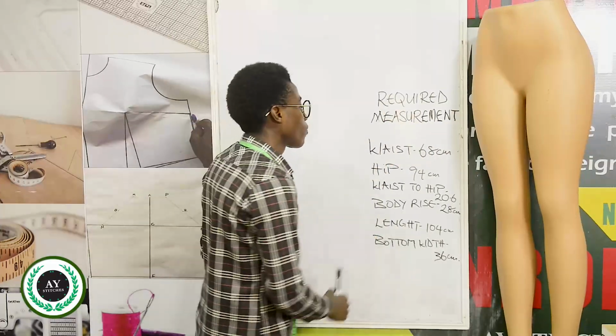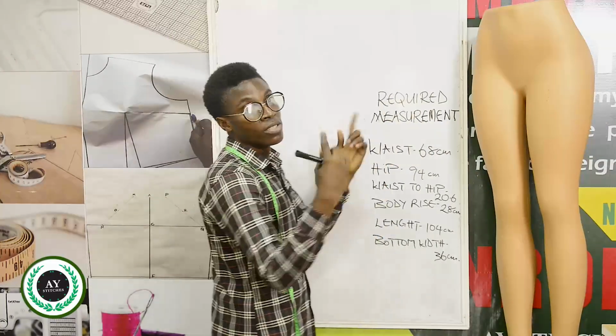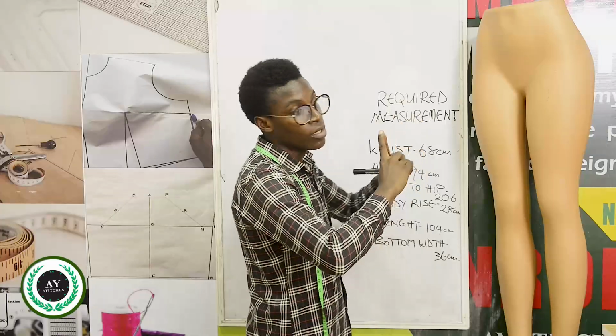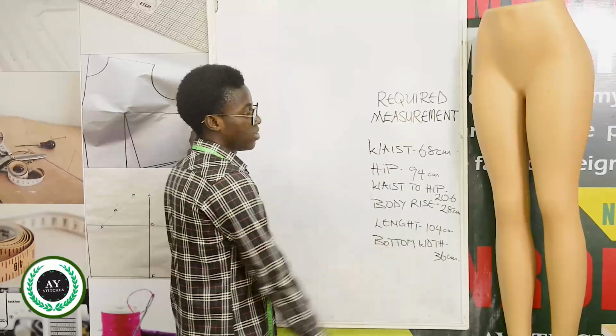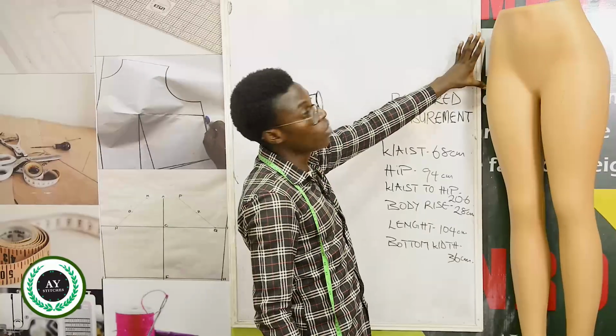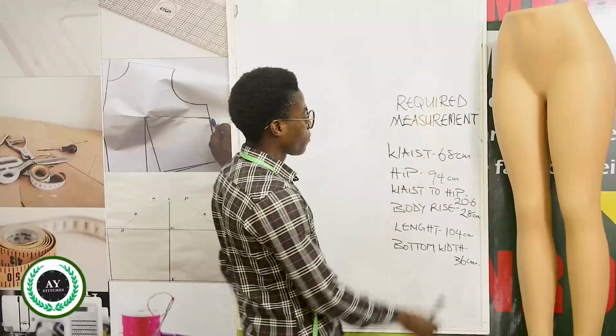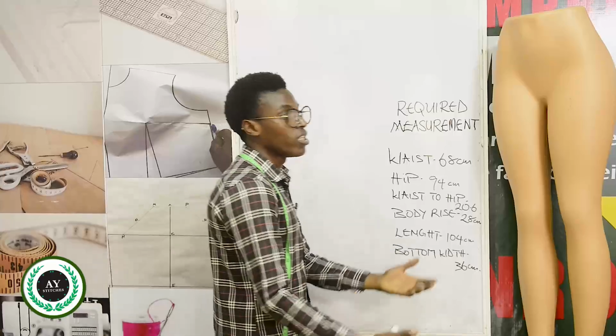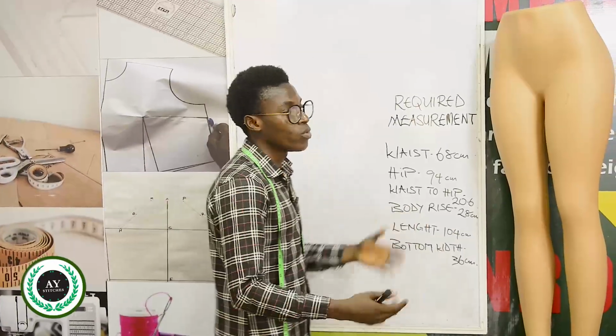Okay, so you measure all around the waist, your desired waist, where the person puts a trouser. Then also the hip, the fullest part of the lower body, all around. Then the waist to the hip, so the distance of where you took the waist measurement to where you took the hip measurement. And the body rise measurement, which can be taken in two different ways.